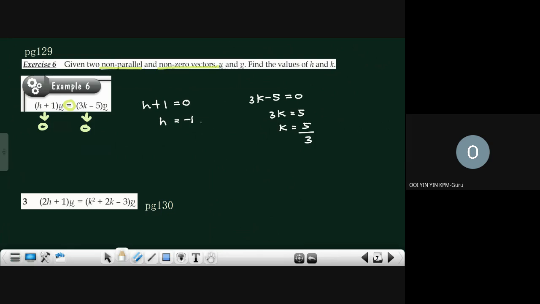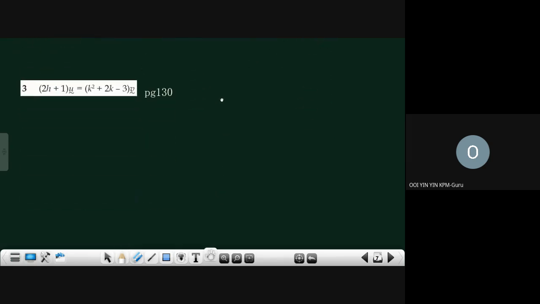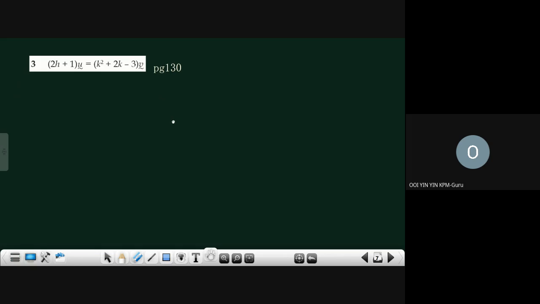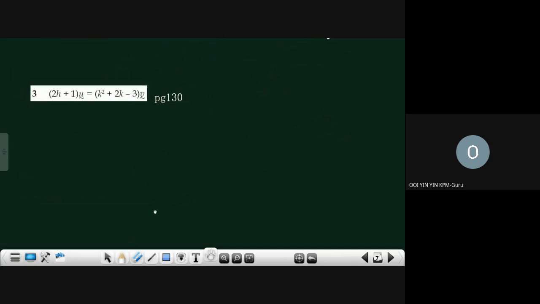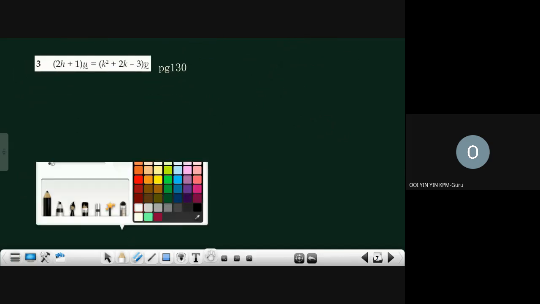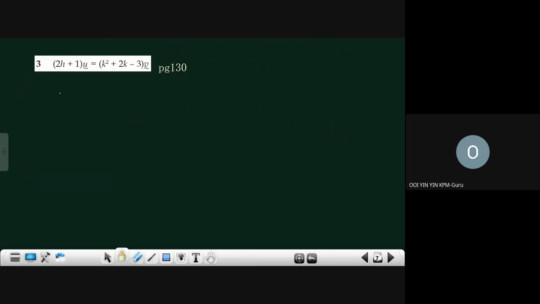Now you already get your h, and you already get your k. Okay, done. Next, question 3. It is also the same kind of question. Non-parallel means only one solution, which is the constant at your u here equals 0, and the constant at your v here also equals 0.